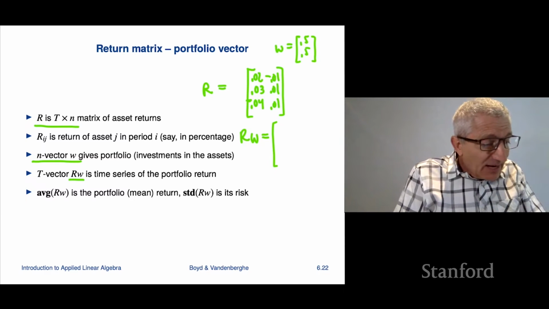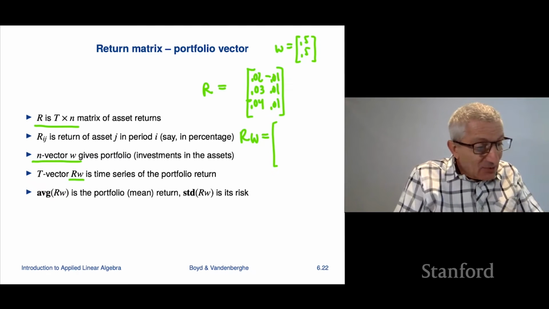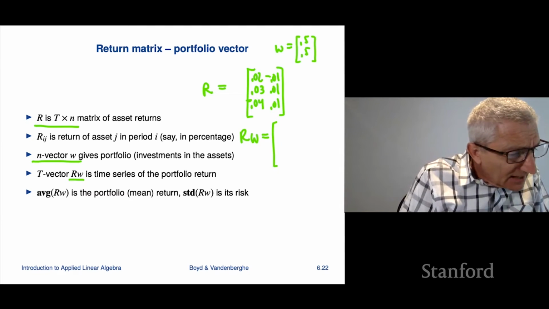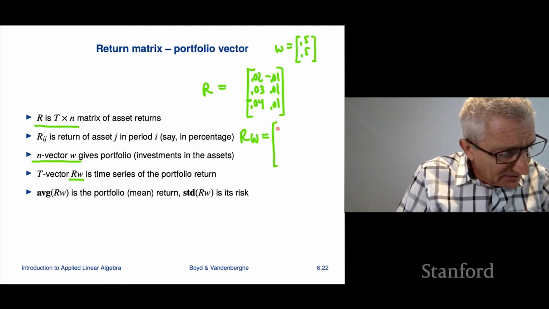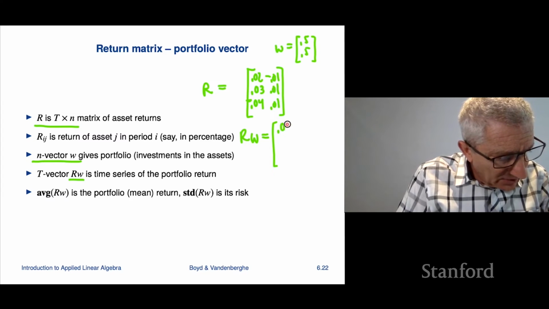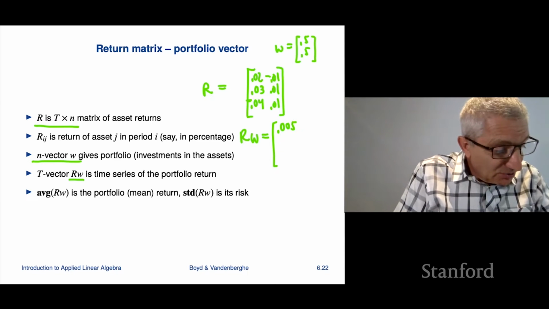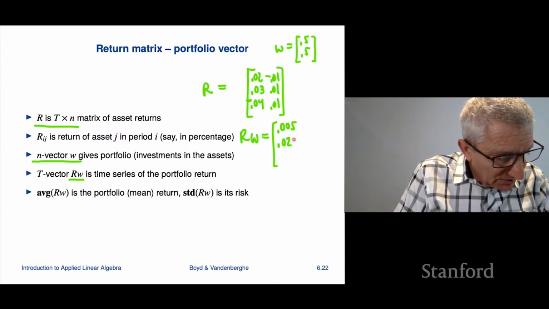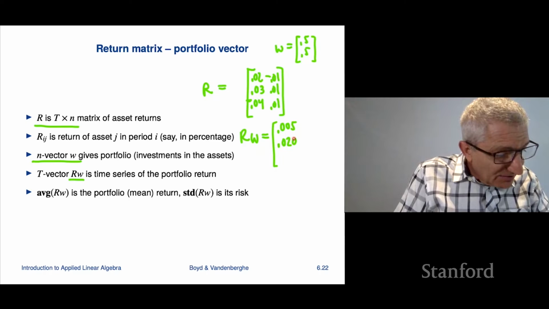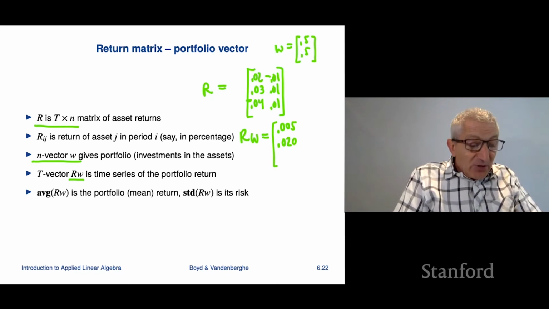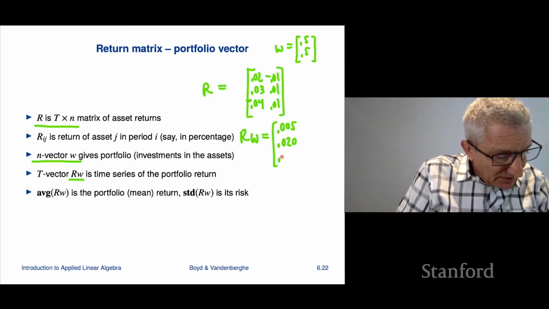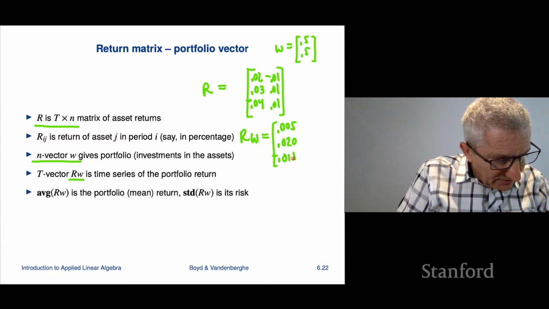So the average of up 2% and down 1% is plus 0.005. I hope I did that right. The average of the next two is going to be 0.02. And the average of these is minus 0.04 plus 0.01, which is minus 0.03, divided by 2 is minus 0.015.